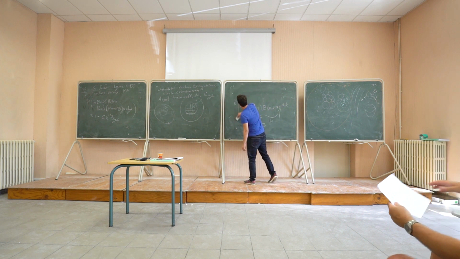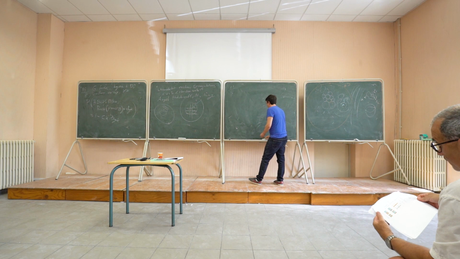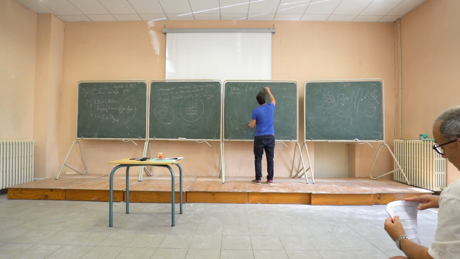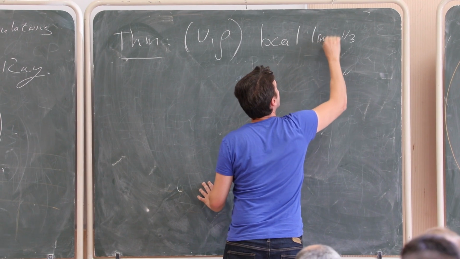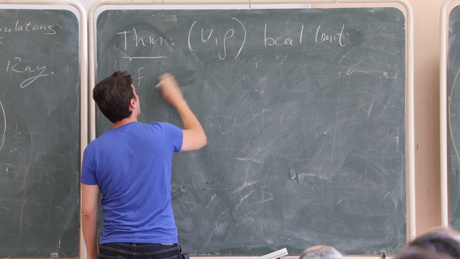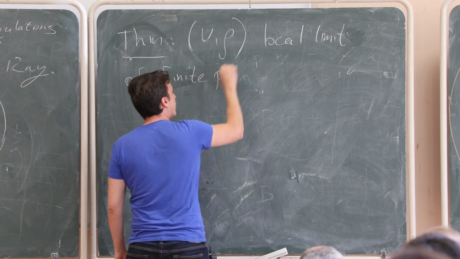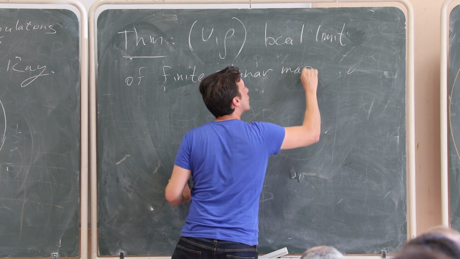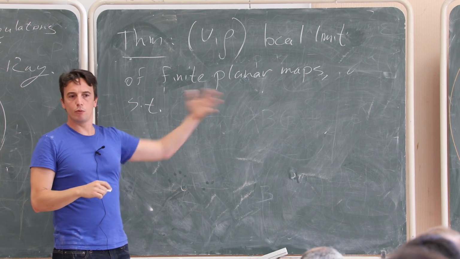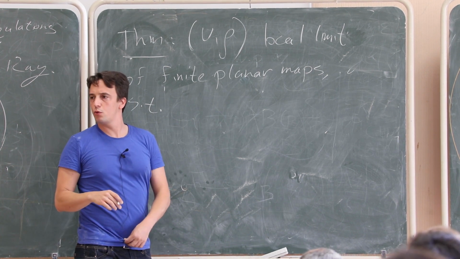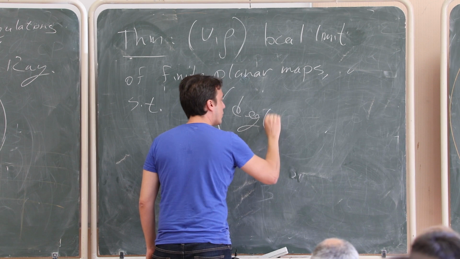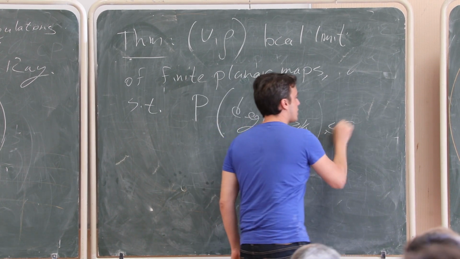The statement is, theorem: (U, rho) is a local limit of finite planar maps such that, instead of having bounded degree almost surely, you know something about the distribution of the degree of the root, such that the probability that the degree of the root is bigger than k decays exponentially in k.